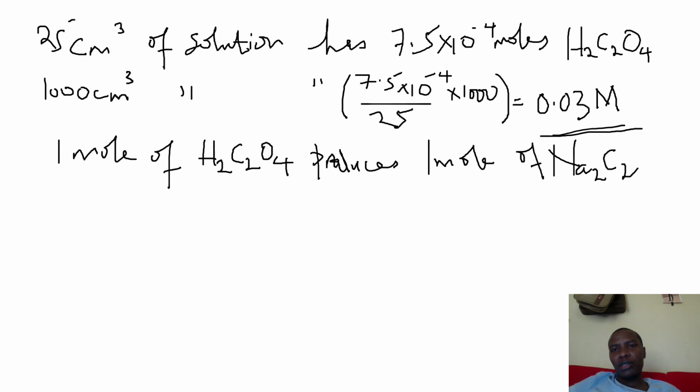Oxalate. So we've known now in this particular case that even the number of moles of sodium oxalate from the acid are the same as 0.03 in terms of the molarity. So there we are. So meaning that we have known 0.03 is the number of moles of oxalic acid, at the same time sodium oxalate produced by that particular oxalic acid.